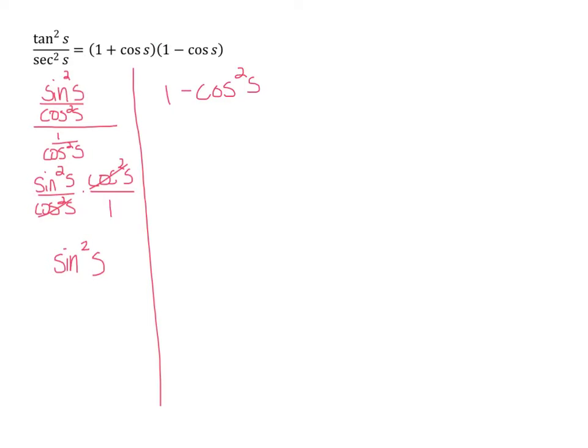Now I can look at my Pythagorean identity, and if I rearrange the first one, I learn that 1 minus the cosine squared of s is sine squared of s. So this checks out, and this is an identity.